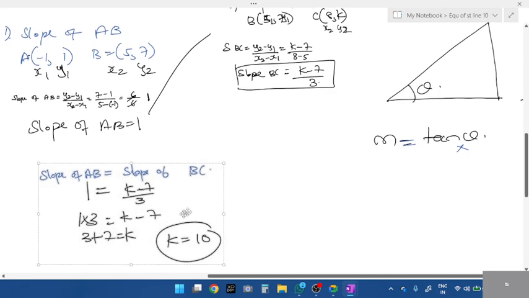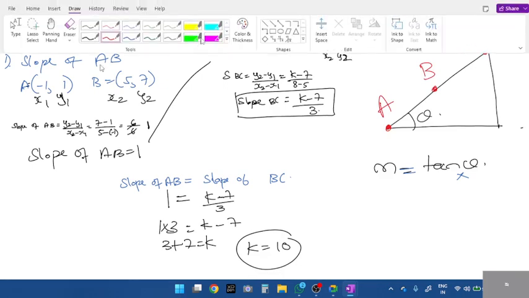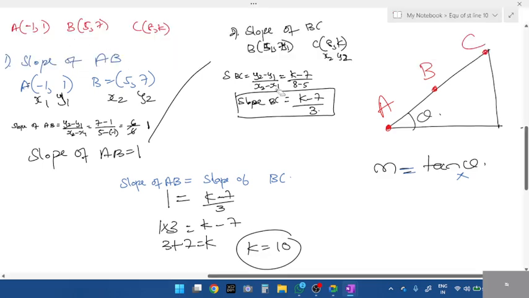So it should be in this order: first slope of AB, next slope of BC, then write both together. So this is nothing but the concept. They have told it like this: ABC lies on a straight line. Collinear points.